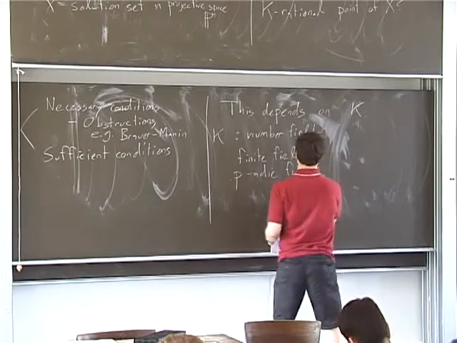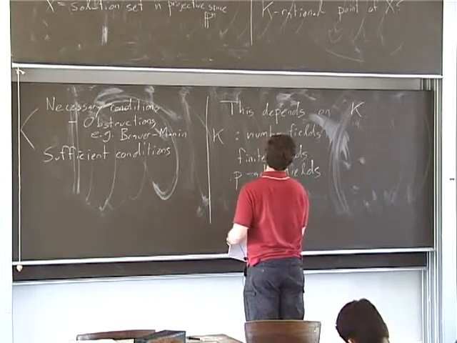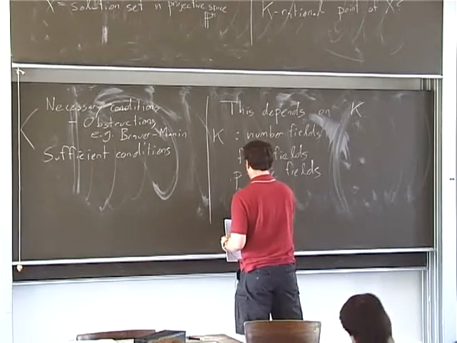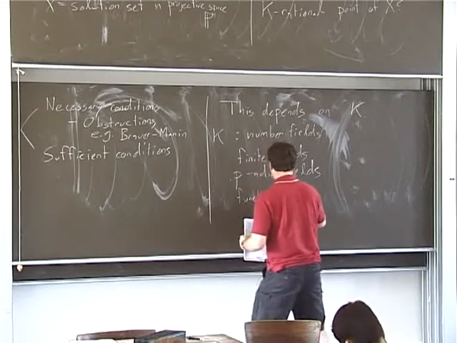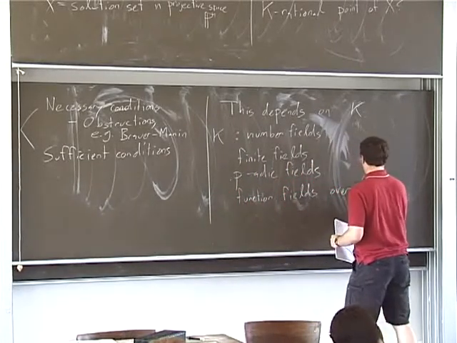and then, more removed from the original type of field that one would be interested in number theory, function fields over finite fields. This is also studied a lot, so this isn't so bad.